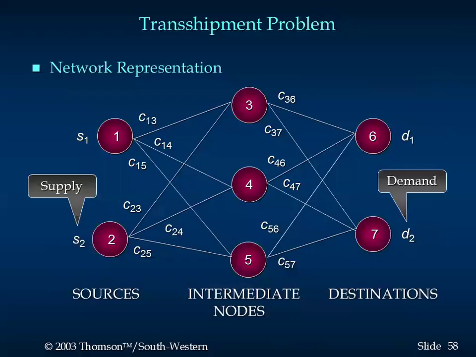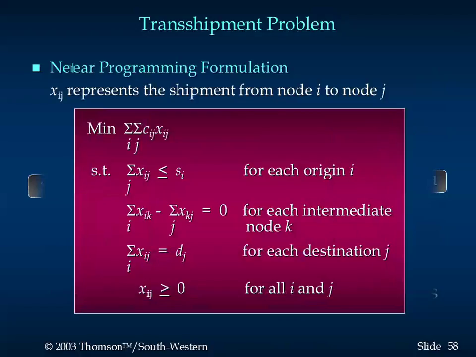That's expressed here: summation Xik summed over i minus summation Xkj summed over j should be equal to 0. What comes in must go out, for each such transshipment point.